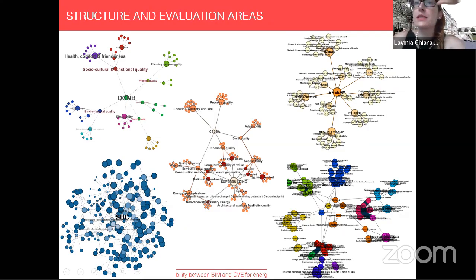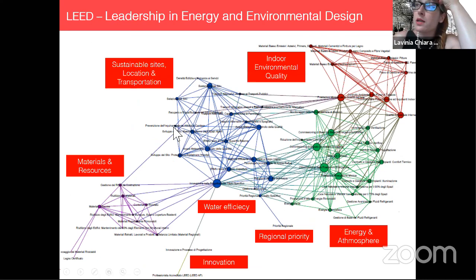Here we can see LEED, which is one of the first protocols, started in the US, and now also used, for example, in our country, Italy. LEED is Leadership in Energy and Environmental Design.